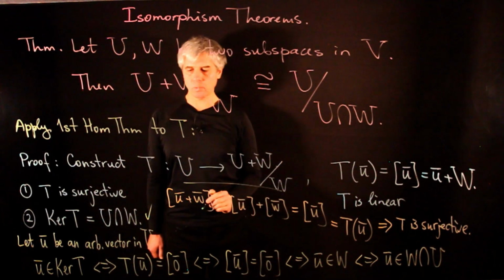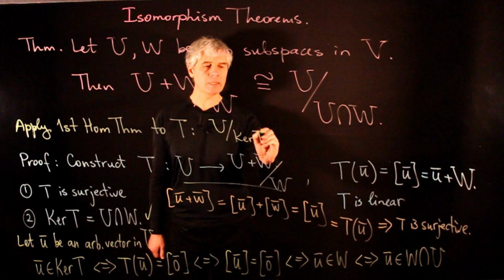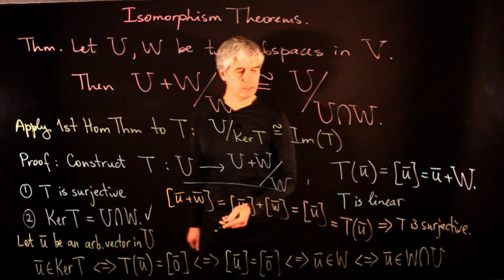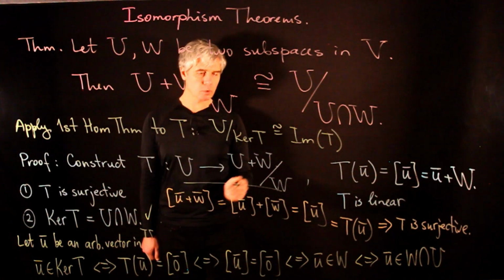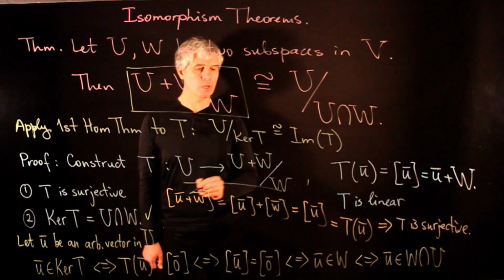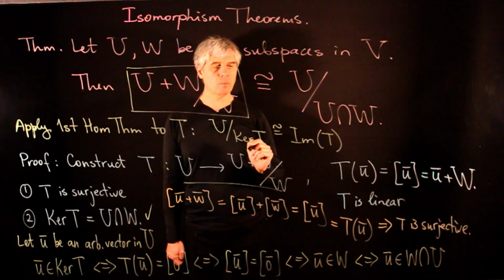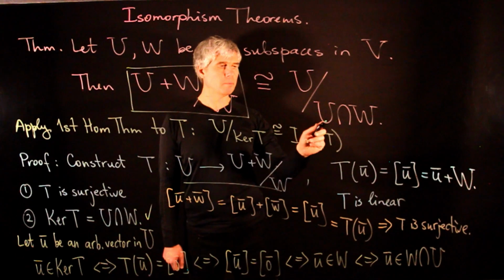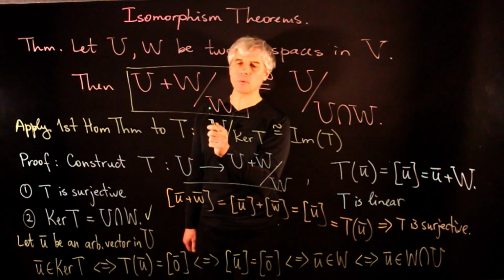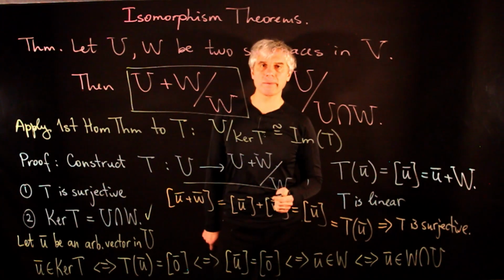So what we get is that U quotient by the kernel of T is isomorphic to the image of this transformation T. But we proved that T is surjective, so its image is the space U plus W quotient by W. And the kernel is the intersection of U with W. And what we get is that the quotient of U by the intersection with W is isomorphic to the quotient of U plus W by W. And this result is a consequence of the first homomorphism theorem.